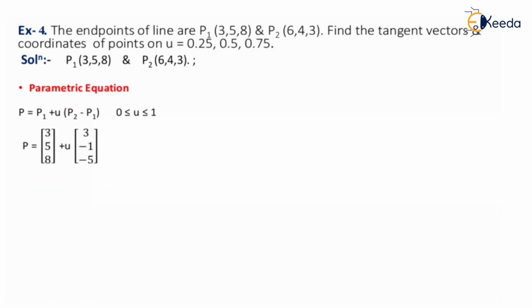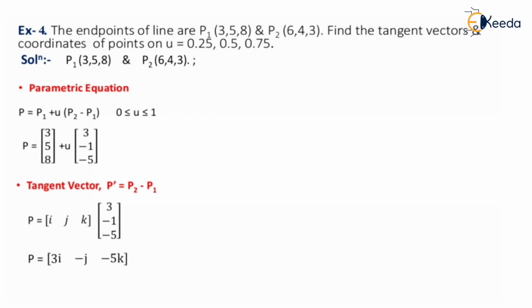Similarly, P is 3, 5, 8 plus u into P2 minus P1, that is 6 minus 3, 3, then 4 minus 5, minus 1, 3 minus 8, minus 5. Here u is in between 0 to 1. The tangent vector is P dash equal to i j k, 3 minus 1 minus 5. So 3i minus j minus 5k, that is your tangent vector.